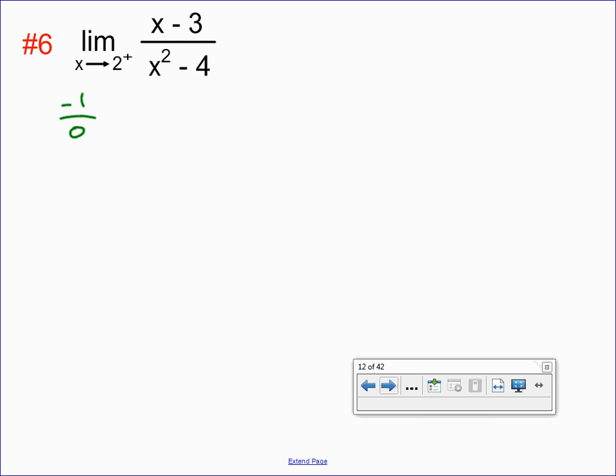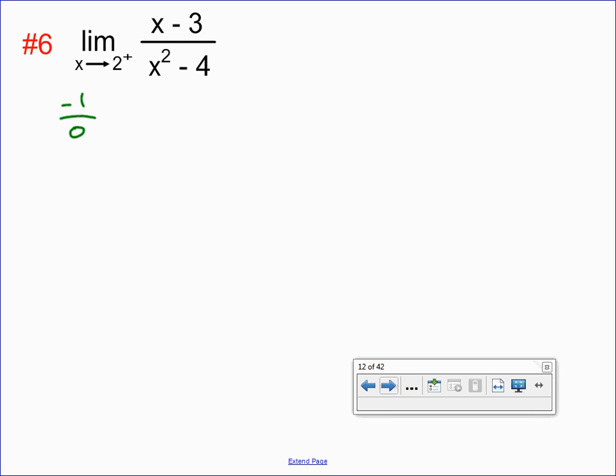It looks to me as x approaches 2 from the right, my top value is going to -1. My bottom value, as x approaches 2 from the right, would be x values like 2.1, 2.01, 2.001, ensuring that this x squared is going to be slightly larger or smaller than that 4. Would x squared be larger or smaller than 4 as x approaches 2 from the right?